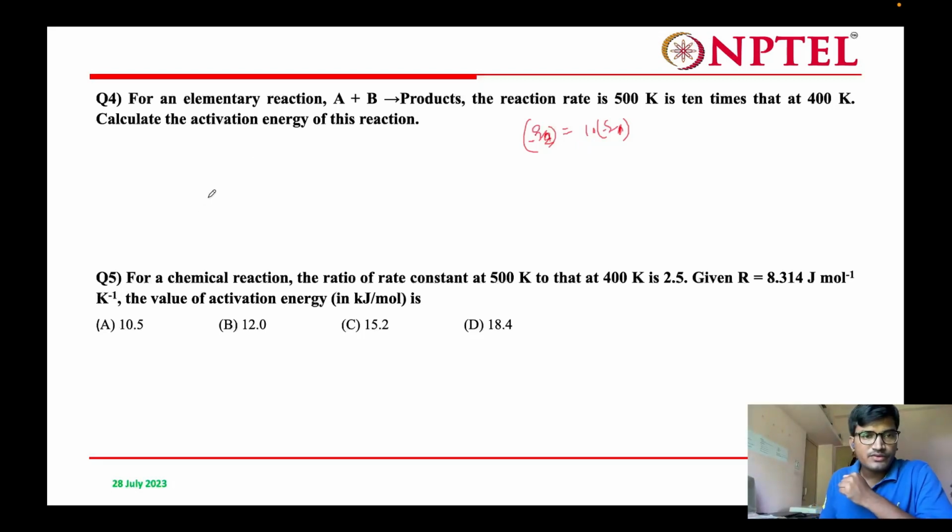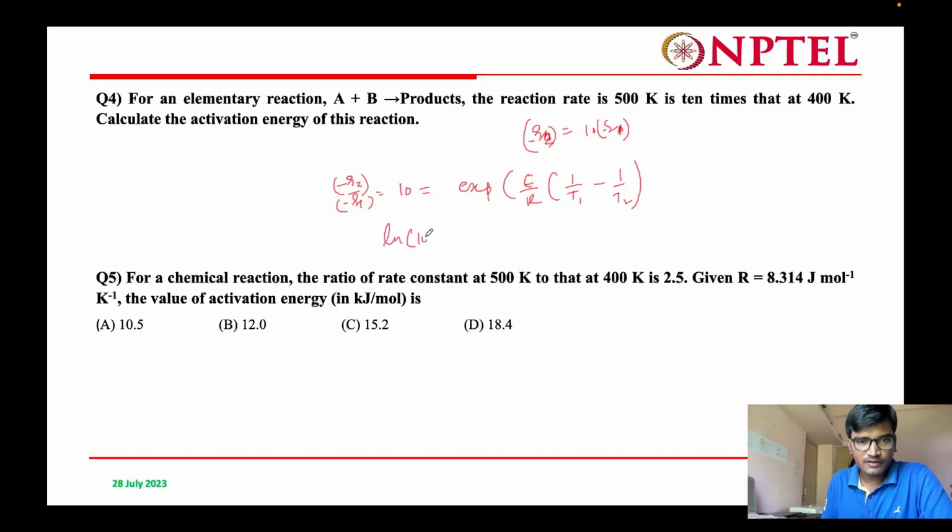Now, how to calculate the activation energy using Arrhenius law. Right. 1 by T1 minus 1 by T2, right?